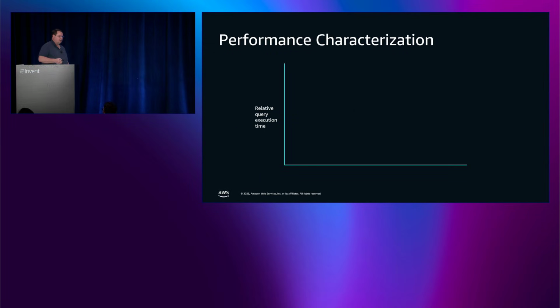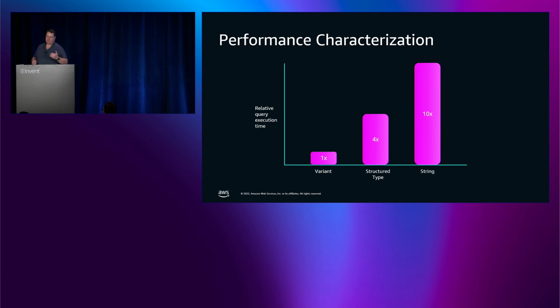Speaking of performance, just to give you a rough sense of the relative query performance difference you may see, with variant being the 1x baseline, you could see up to 4 times additional degradation in performance with structured types. Strings could be 10x worse.